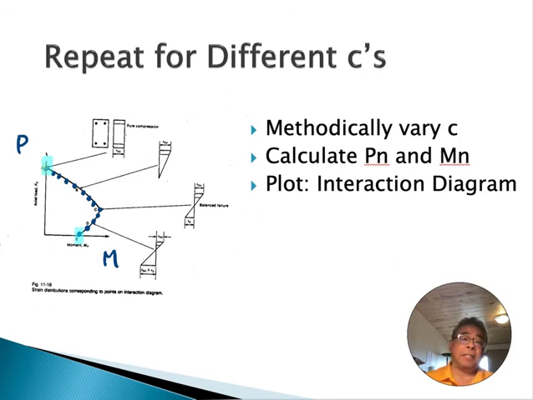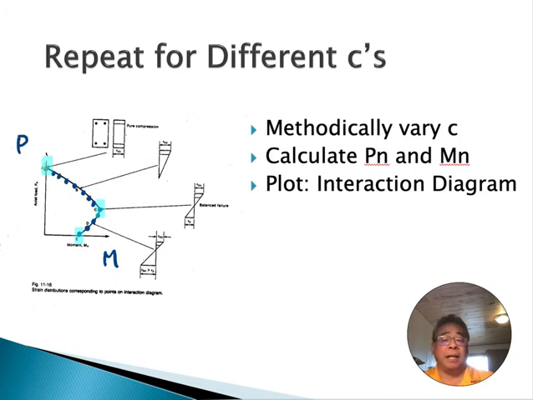And this point here is called the balance point, and that's when the concrete reaches 0.003, right when the steel on the other side yields.